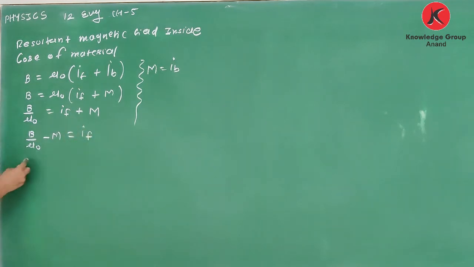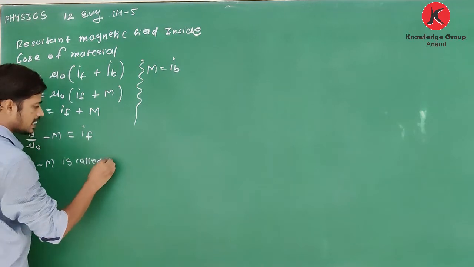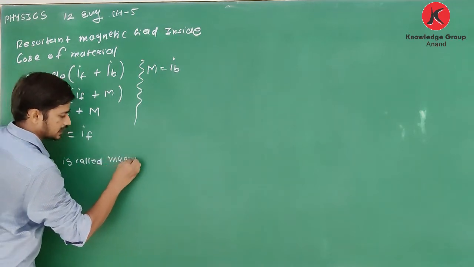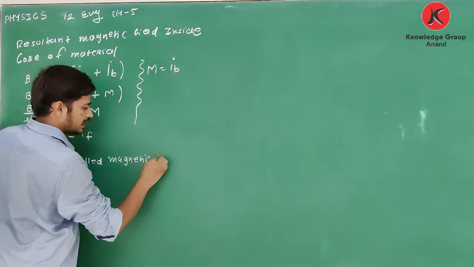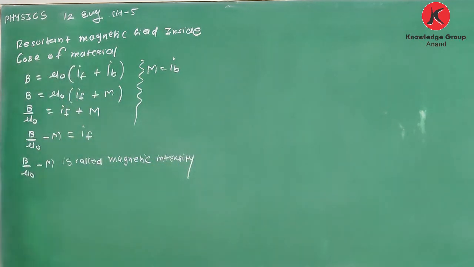And this B upon mu 0 minus M is called magnetic intensity. Clear about this?